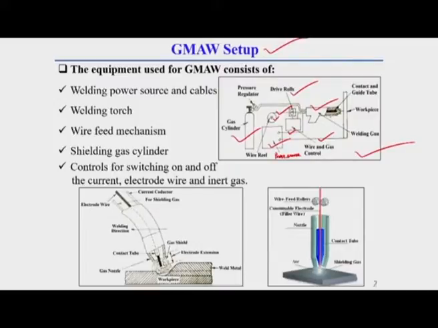Here you see this is called the welding gun, or sometimes the welding torch also. Why is it called a welding gun? Because through this there is a continuous flow of electrode.